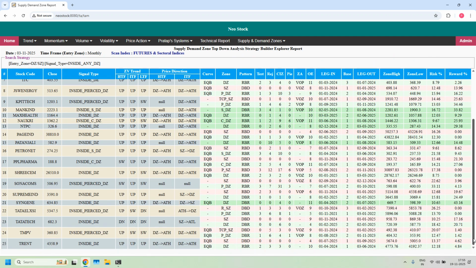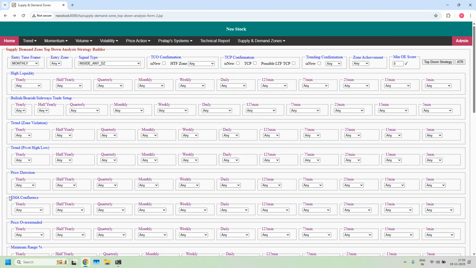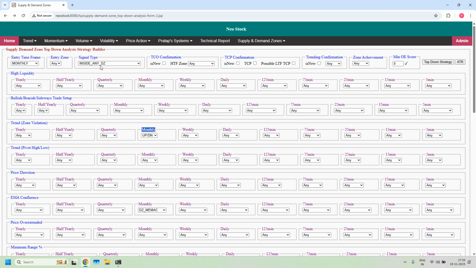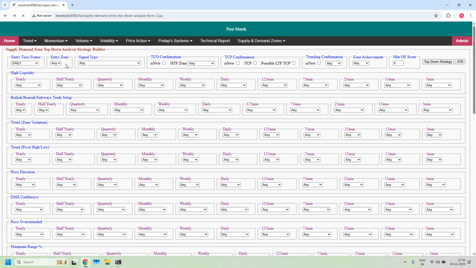We can again apply EMA Confluence on the monthly demand zones, and also the trend on the monthly should not be sideways. We got 14 stocks. Next, price closed inside the monthly supply zones.